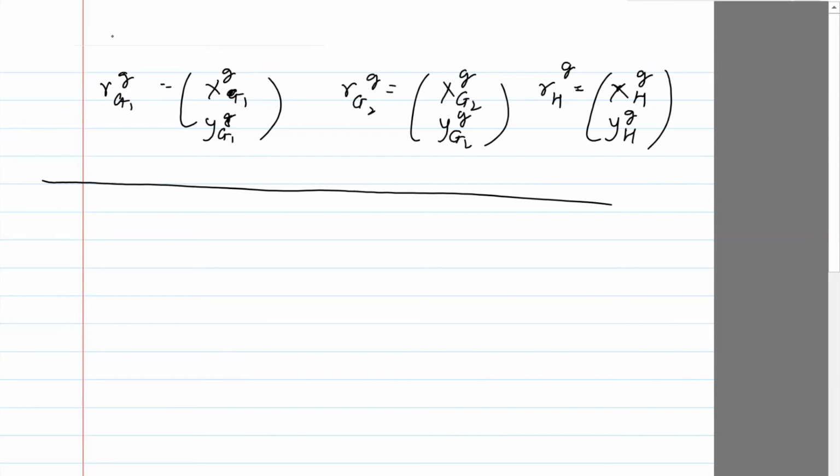Now let's find the velocity. When we find the velocity, we'll just use the ramp frame to derive the velocity. So velocity of G1 is simply going to be the rate of change of position. We already found R_G1 with respect to frame 0.